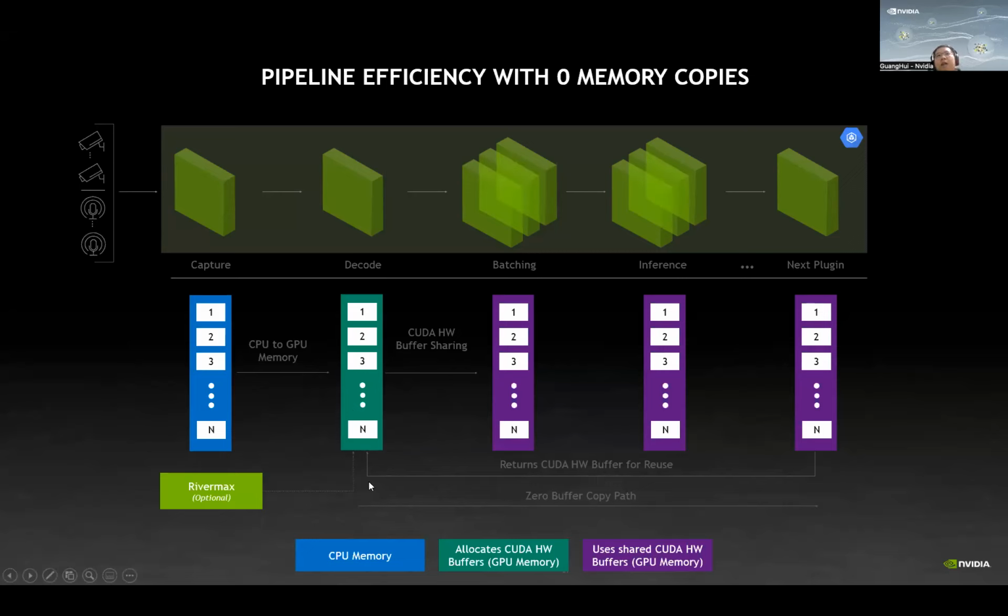But after you get into the GPU memory, all this memory is shared and reused. So when running decoding, batching and inferencing, there is no memory copying process. In terms of throughput and streamlining the process, you get a very high throughput. We help you manage all the memory handling, and you just need to focus on how to build your pipeline using these plugins.